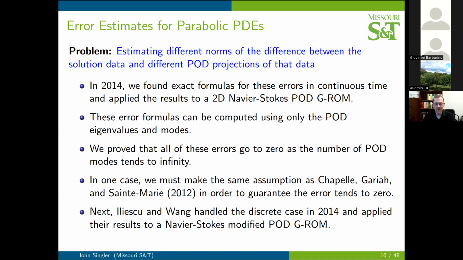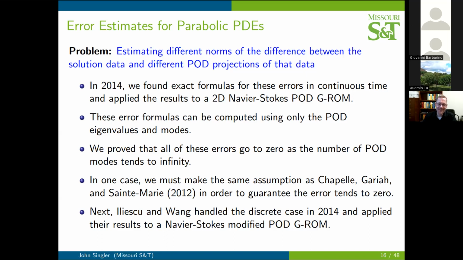This time they also involve the modes and sometimes the projections. And we could get nice asymptotic results, except in one case, the same case where we had this assumption on a family of POD projections. I couldn't get rid of that. The POD projections will come up over and over.